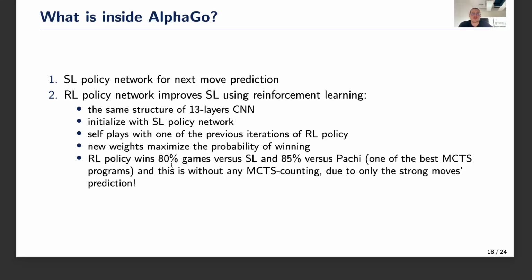So the second major component is the RL policy network, which is trained using self-play reinforcement learning. It uses the same 13-layer CNN structure as the SL policy network, but instead of learning to imitate, it now learns to maximize its own win rate. And crucially, it is initialized with the weights of the SL policy network, so it already has a good starting point.